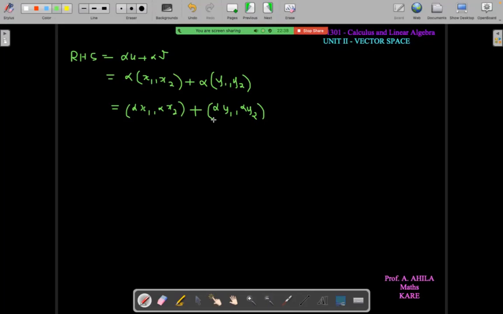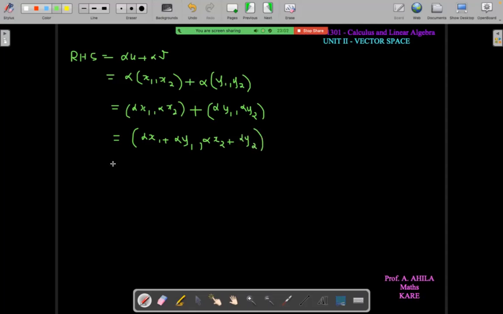Now we can add these 2 points. So adding first elements, we get alpha x1 plus alpha y1. The next ordinate is alpha x2 plus alpha y2.